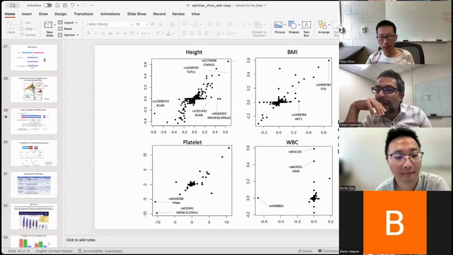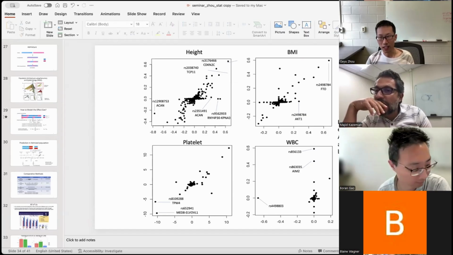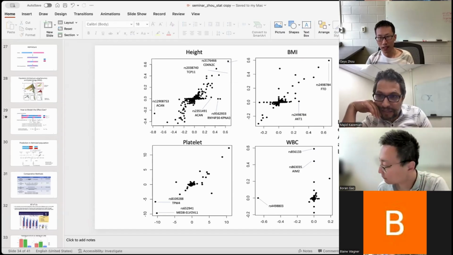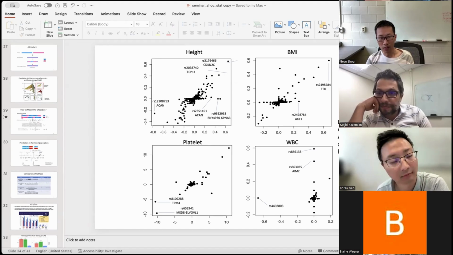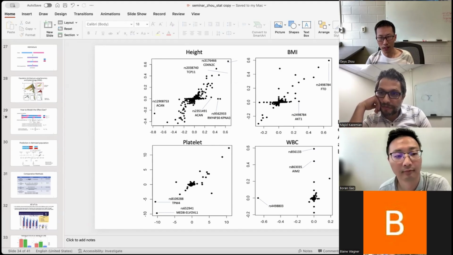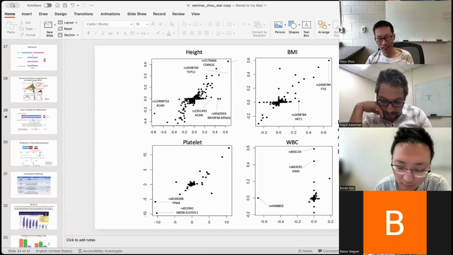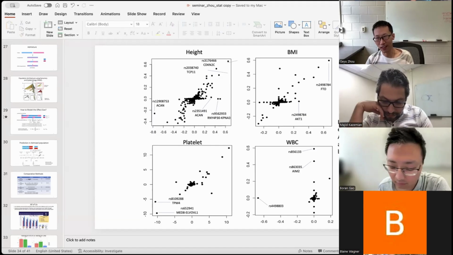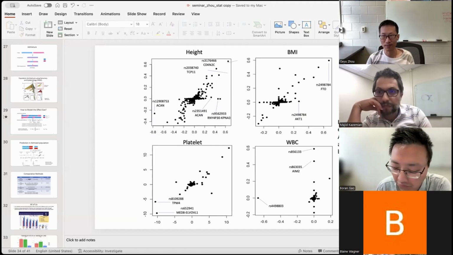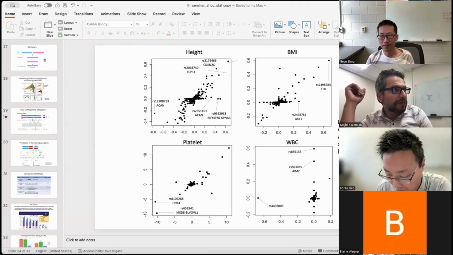So we typically use the so-called HapMap 3 SNPs, about a million SNPs, and most of them are in the non-coding regions. That's typically the case for GWAS, where people find the associations mostly coming from the non-coding region, not from the coding region.